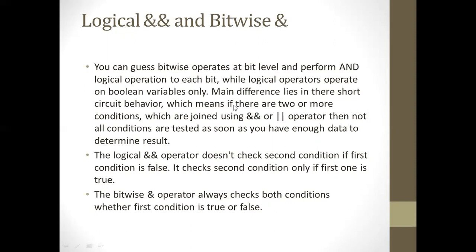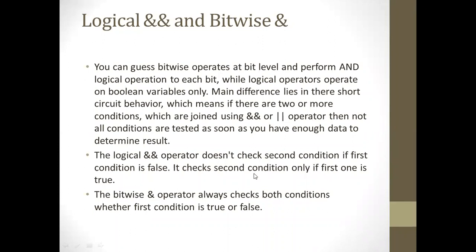The main difference lies in the short circuit behavior, which means that if there are two or more conditions joined by the AND operator, then not all conditions are tested. If you are using the logical AND operator, it doesn't check the second condition if the first condition is false.